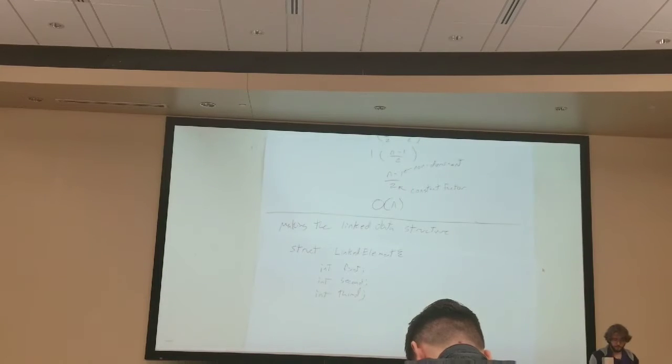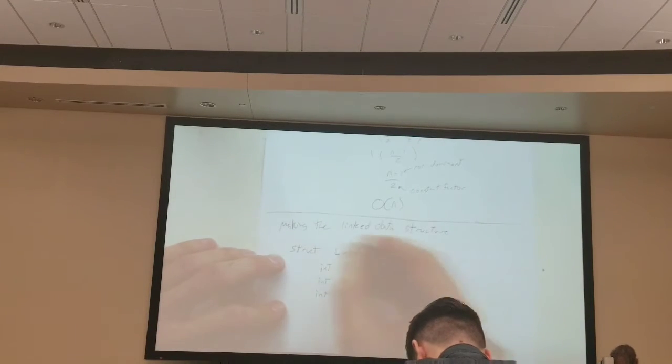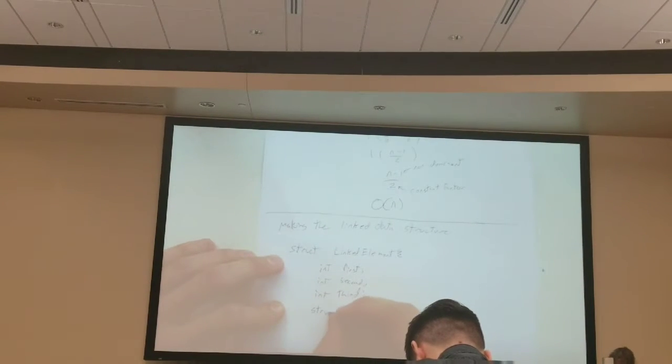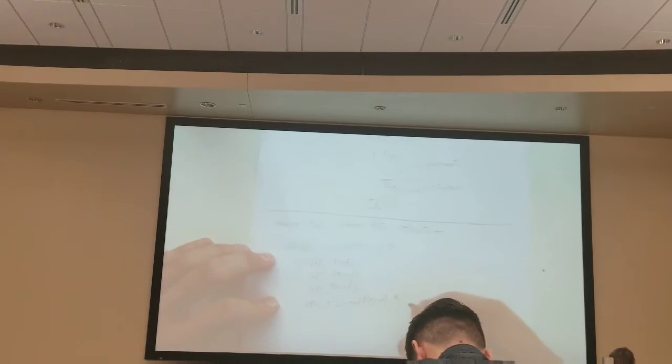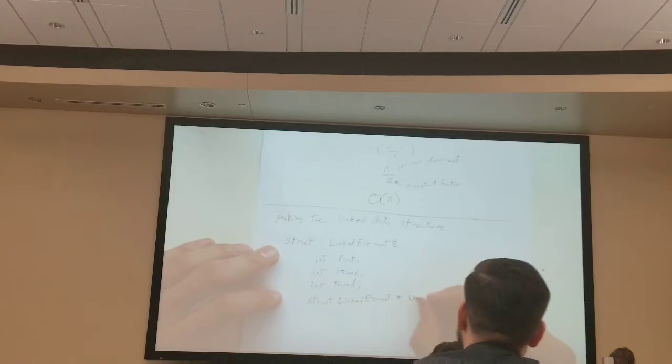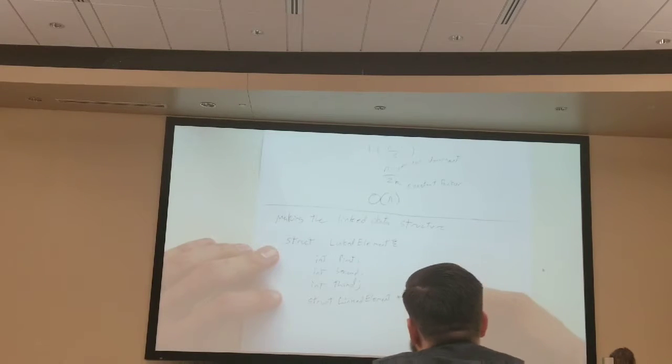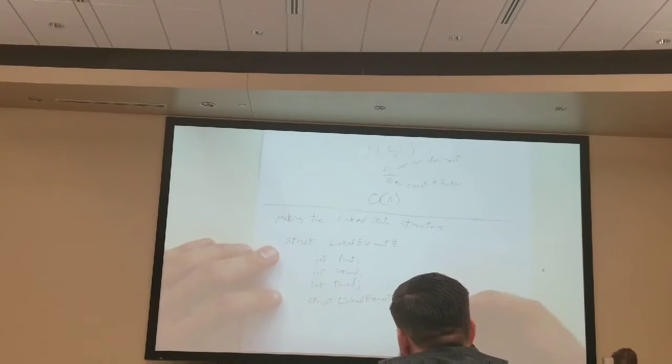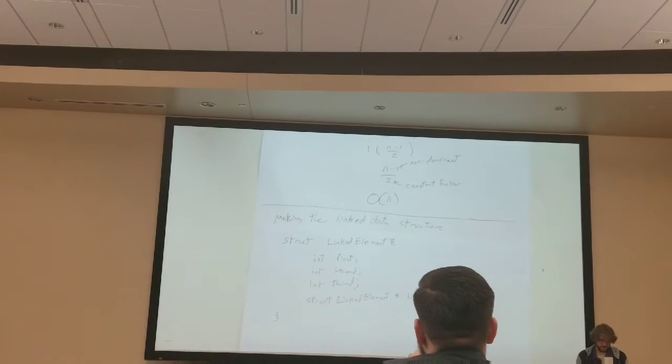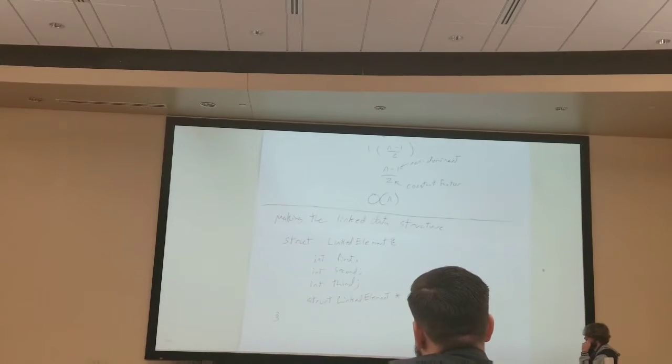So for my last member inside this structure, I'm going to make a struct linked element pointer, and it's going to point to basically the next guy. This is what it's going to look like in code when I try to make this linked data structure. Now this could be a little bit more complex.